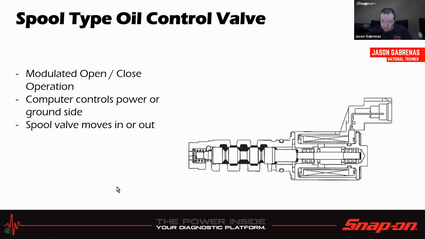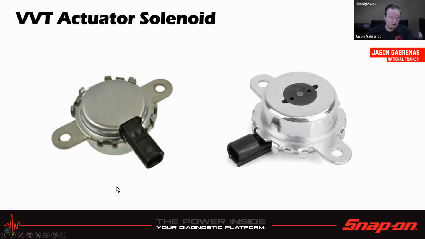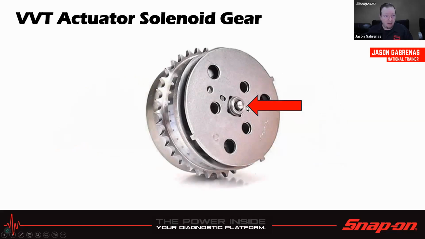Some manufacturers also use an actuator solenoid, so it actually pushes out of the middle here. So these would be mounted in the front of the timing cover, and they will push out. Subaru uses this style. I think there's a couple other manufacturers out there that use this style as well, but it's got this little pin here that pushes on the center of the gear.